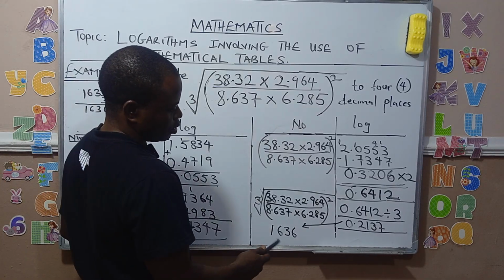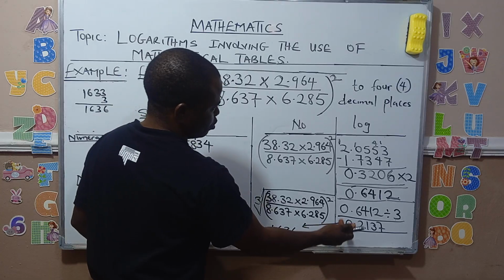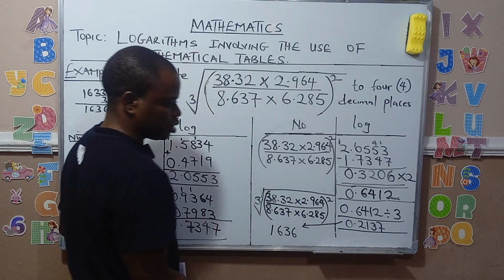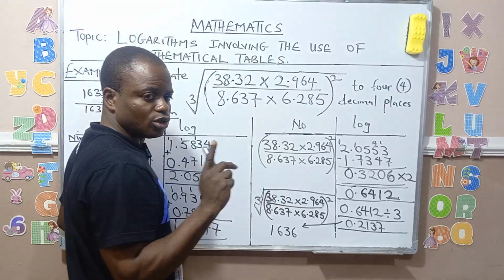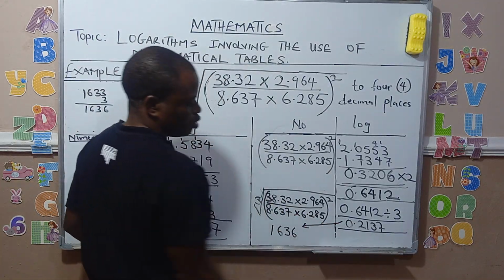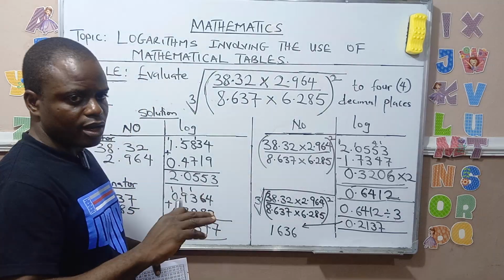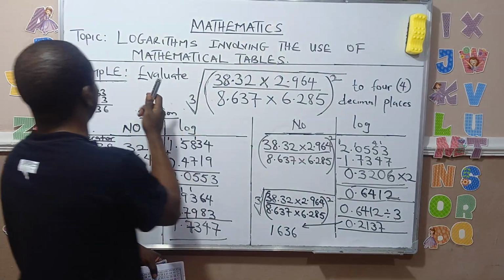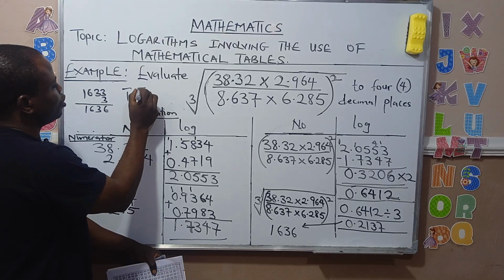The question says you should convert it to 4 decimal places, but before then, you have to take note of something. When it is not a bar number, this is what we mean by bar number, bar 1 or bar 2.